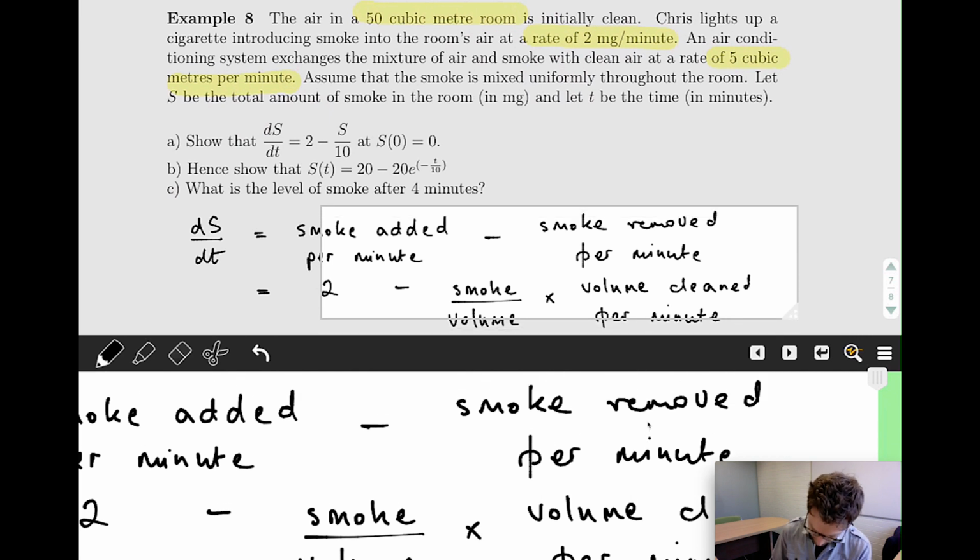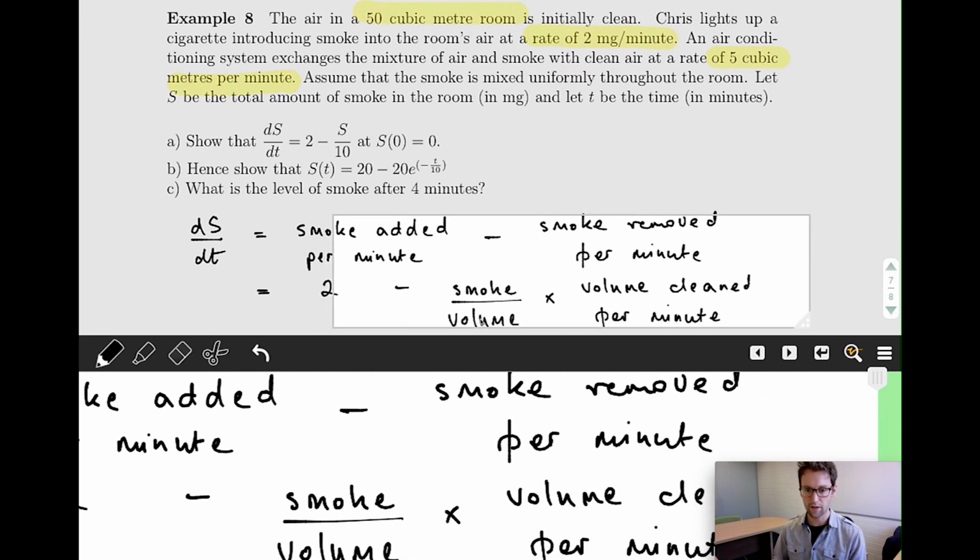So you can notice there that I've almost multiplied and divided by volume. Smoke per minute is smoke divided by volume, times volume per minute.